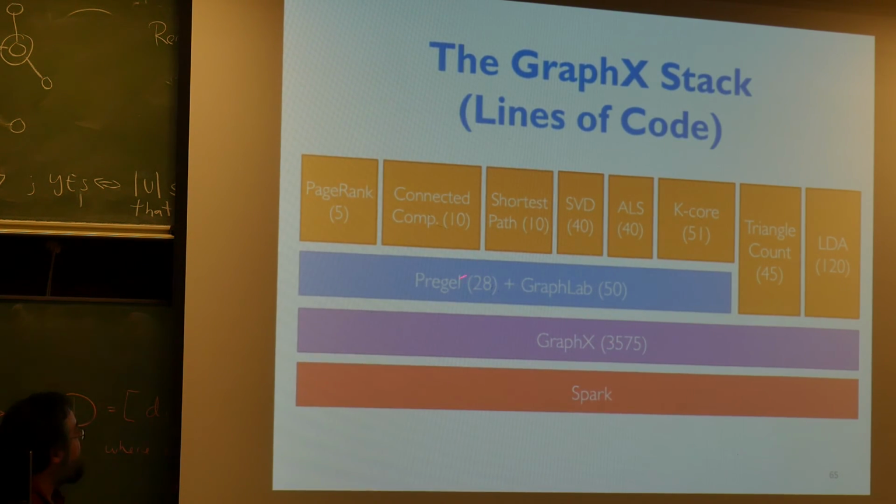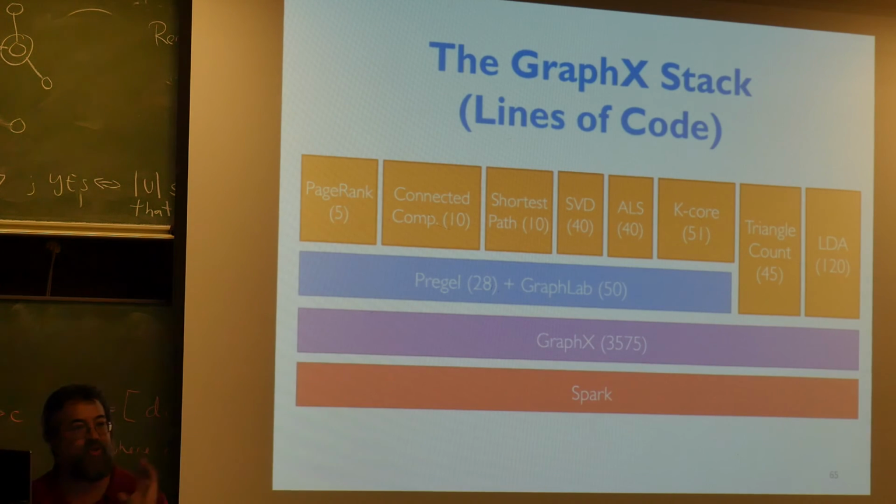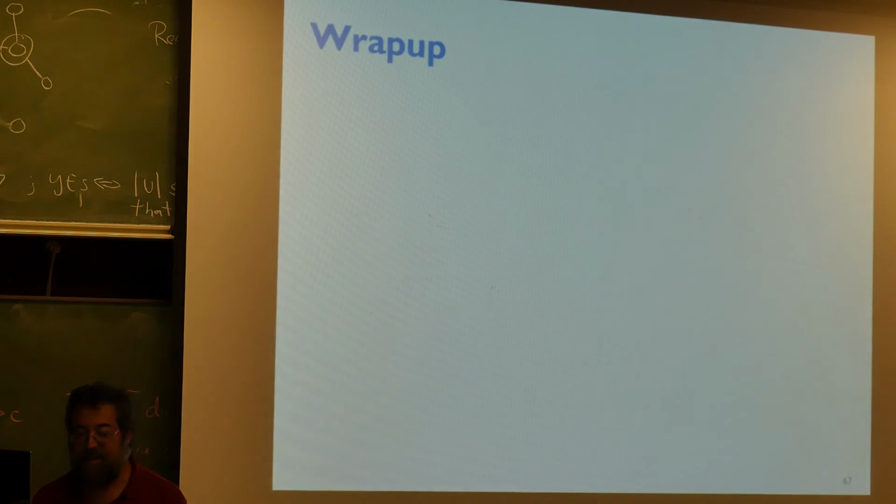Implementing Pregel or GraphLab is just a few dozen lines in GraphX. So it's pretty close to GraphLab, pretty close to Pregel. All of these things are fairly concise to write. And I guess there are a couple of things that Joey wrote directly on top of GraphX. I'm not going to show you all these lines of code, but it gives you an idea.